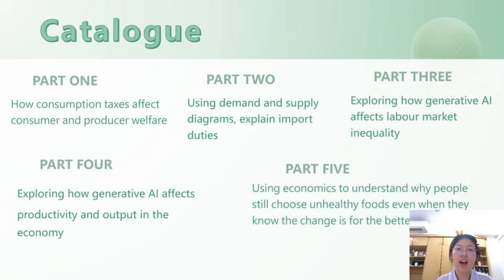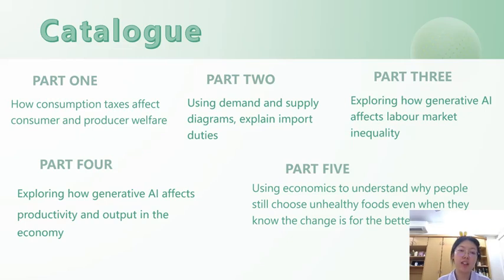Okay, next I will introduce the catalog. Part one is about how consumption hazards affect consumer and producers' welfare. Part two is about using demand and supply diagrams to explain import duties. Part three is about exploring how generative AI affects the labor market inequality.